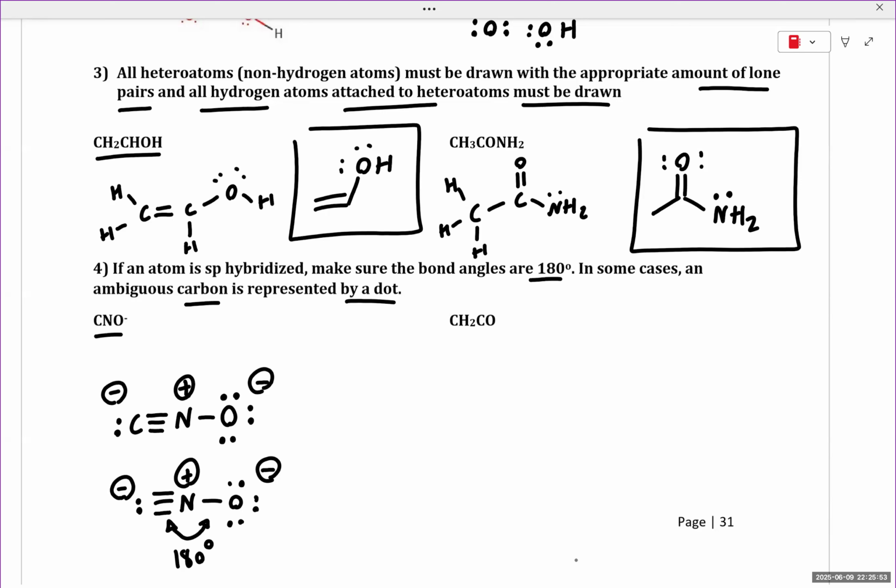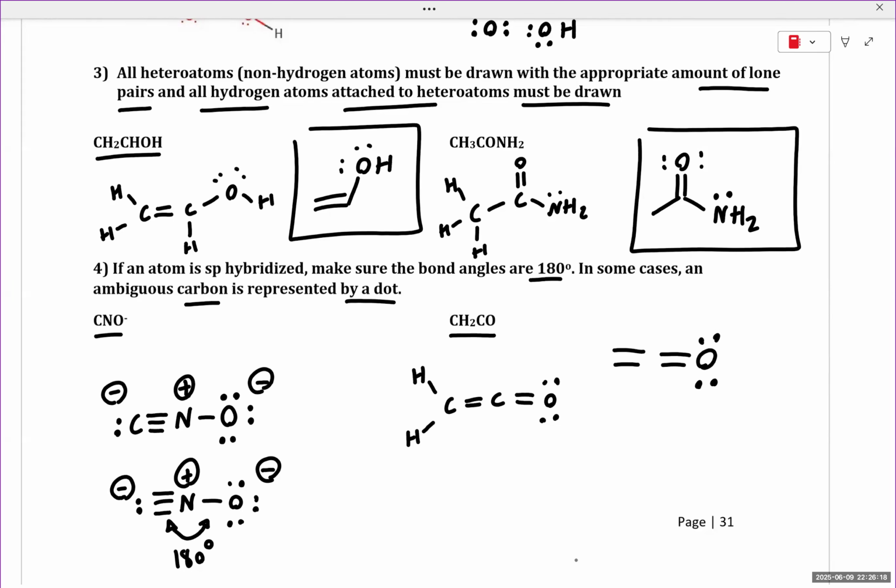Looking at this next case, CH2CO, this has a Lewis structure, which looks something like this. If we wanted to abbreviate this structure in bond line notation, we draw our carbon-carbon double bond, and then we draw our carbon-oxygen double bond.